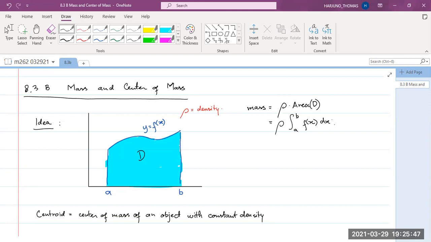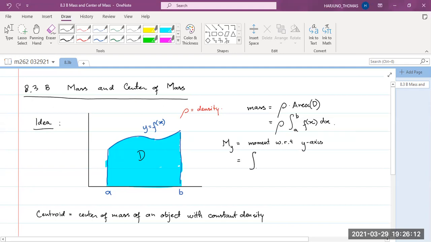Now, the moment with respect to the y-axis, M sub y, denotes the moment with respect to the y-axis, is equal to the integral from a to b of x f(x) dx.